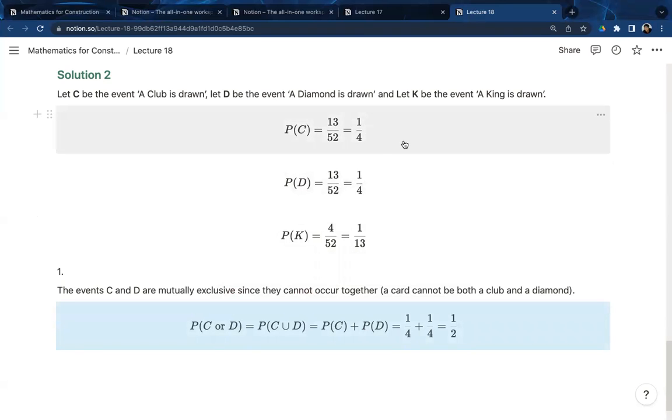That's the lazy kind of approach where you know what the events mean, right? But you don't want to think too much. But without using these three values here, I could do this question, right? As I explained before, a club or a diamond, that's 26 cards, 13 of each, okay?